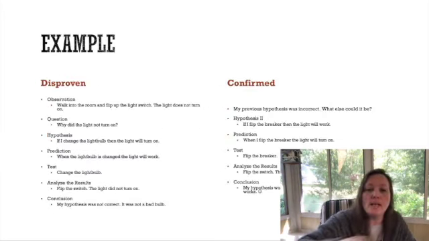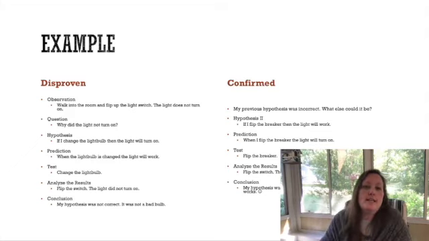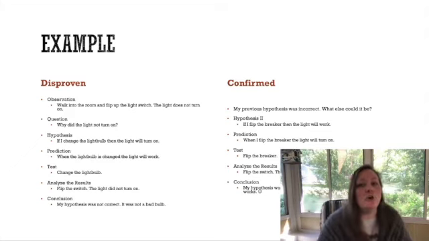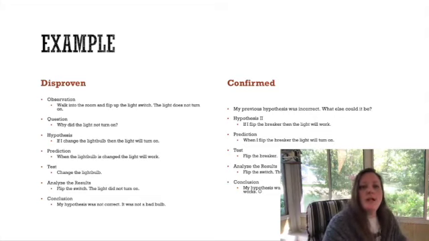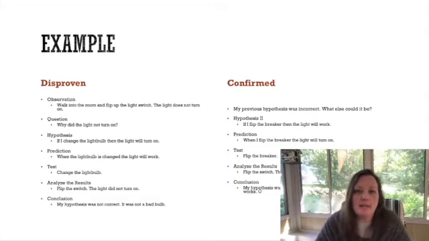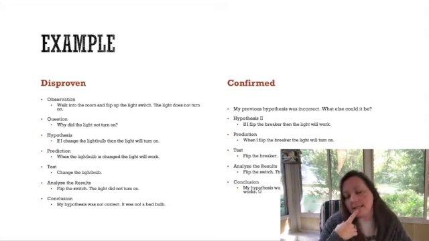Now, here you go. This is one of the examples that I am giving. Notice this counts as 1 example. I walk into a room, flip up the light switch. Light does not turn on. That's my observation. Light does not turn on. Question, why did the light not turn on?